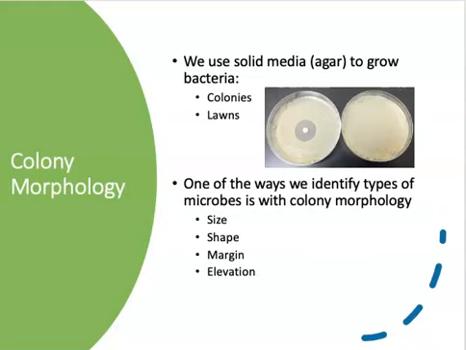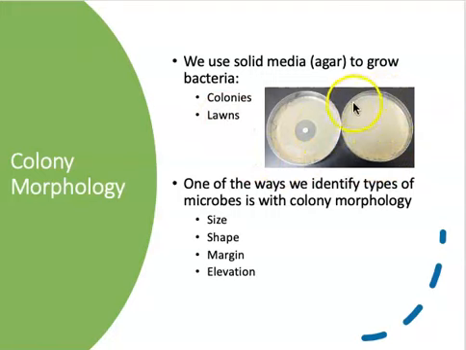We can use solid media, like these agar plates, to grow bacteria in different ways. If we put lots and lots of cells on the surface of an agar plate, we're going to get this solid sort of mat of growth. We call this type of a mat a lawn.